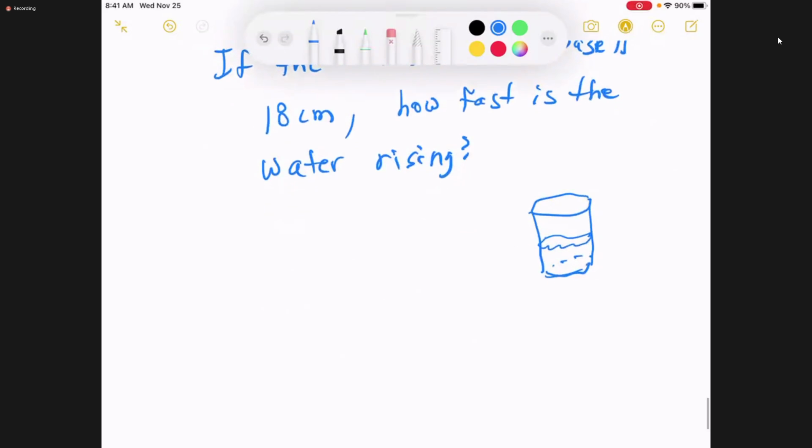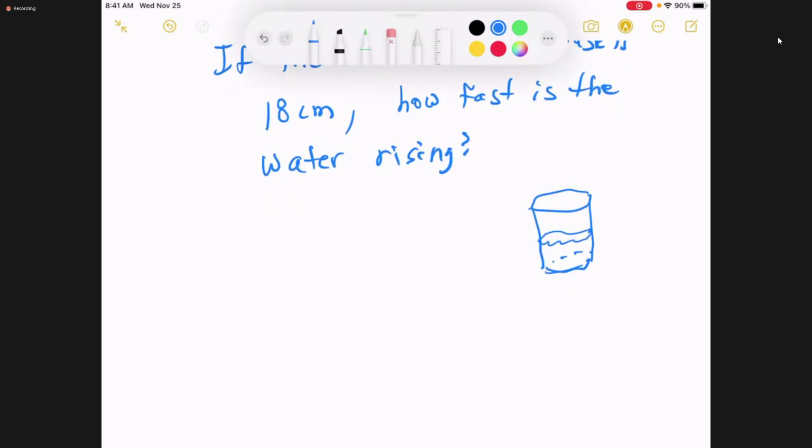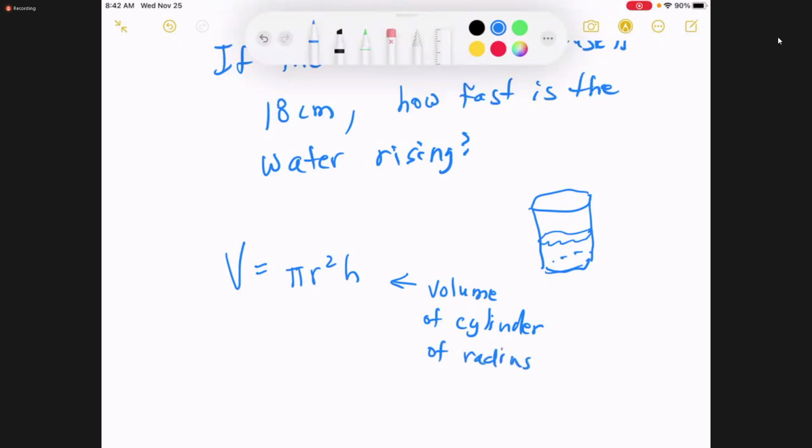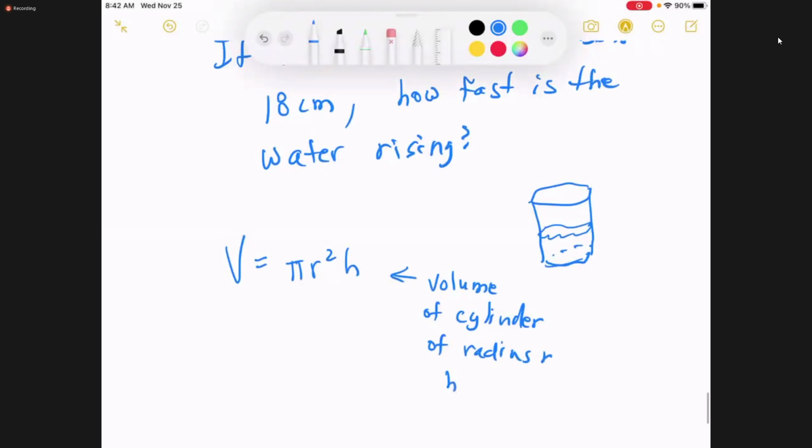And what's the basic rule here? Well, what's the volume of a barrel? It's a cylinder, so its volume is pi r squared h, of radius r and height h.